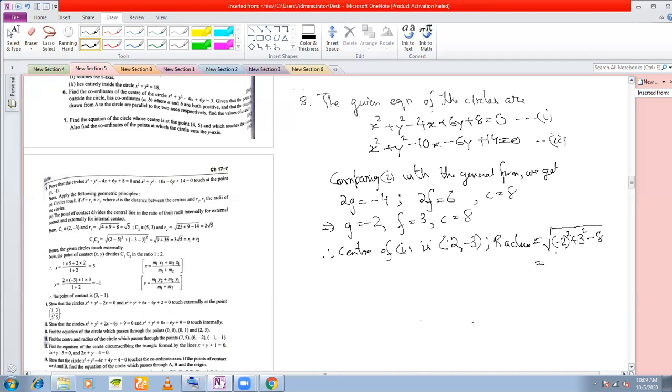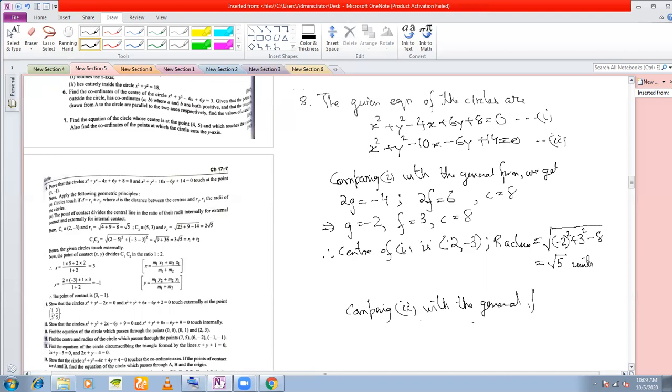So this is 9 plus 4, 13. 13 minus 8 is 5. So root 5 units. So we have got the center and radius. Let us see for the second one, comparing 2 with the general form.